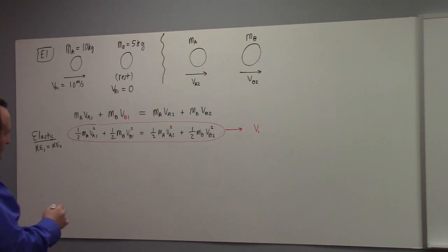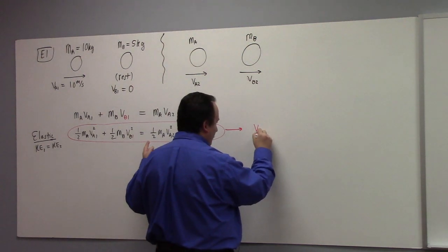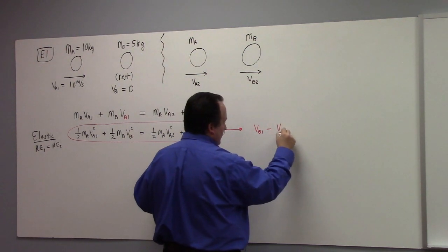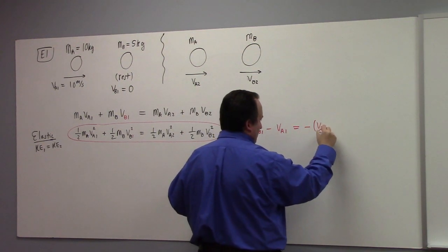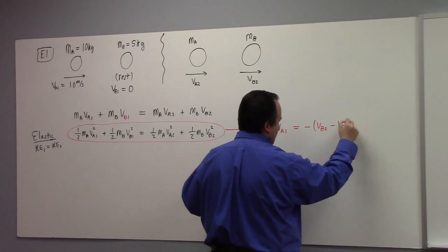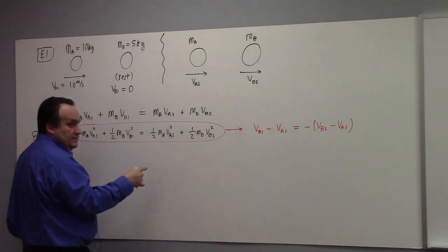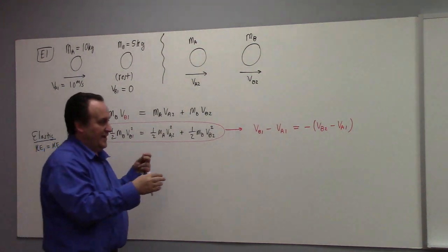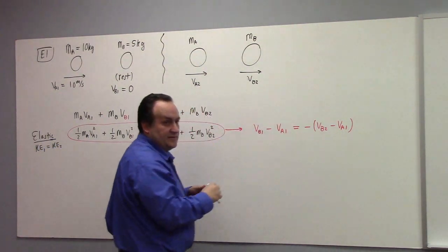Okay. So we trade this for VB1 minus VA1 equals to minus VB2 minus VA2. In other words, we can trade this horrible equation for this actually very nice, neat, and tidy linear equation.